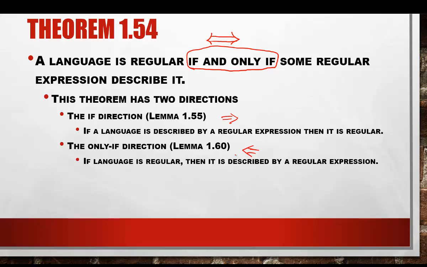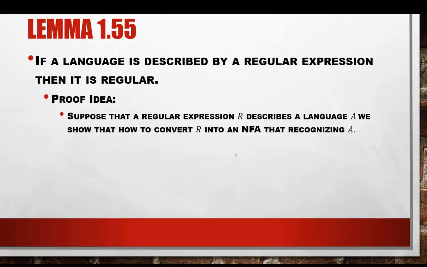Then we come back to the only if direction and prove that more complicated direction. When we are done with that proof, we will have a mechanism that takes a deterministic finite automaton and turns it into a regular expression.